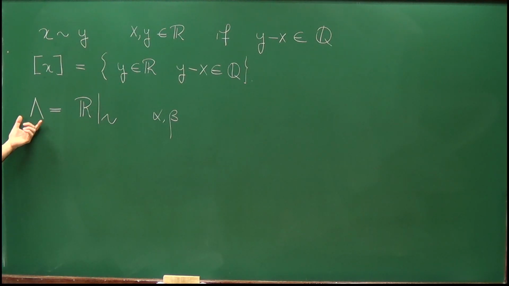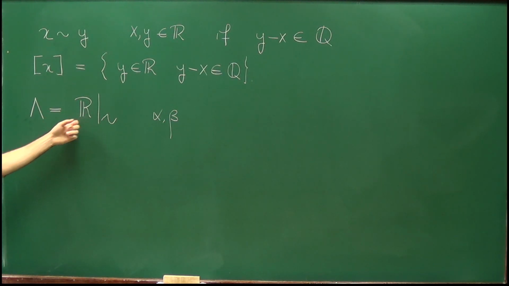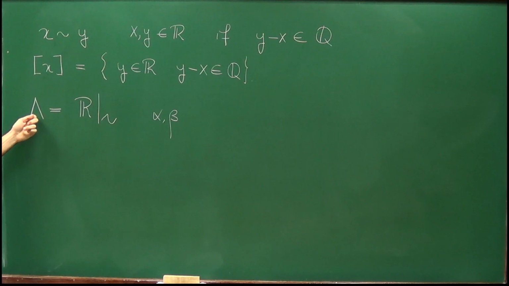So it's clear that lambda is not countable. Because if lambda were countable, then since these equivalence classes are countable, R would be countable, because any point in R can be represented by an element of lambda and an element of the equivalence class.